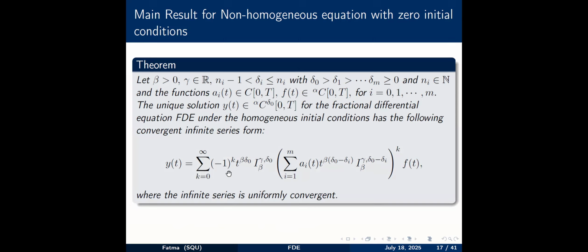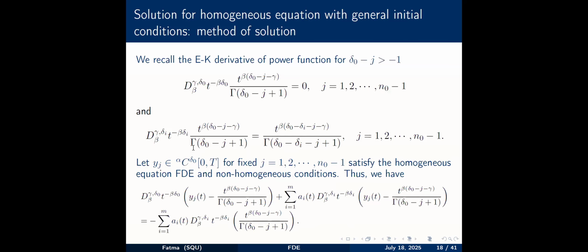As you see, this result is only for the non-homogeneous part, or what we usually call the particular solution. So for doing that, we need to recall the Erdélyi-Kober derivative of a power function. If we recall the Erdélyi-Kober derivative for this power function, we get 0, while for this power function we get it 0, because here we find the Erdélyi-Kober derivative of order delta 0 and here delta i.